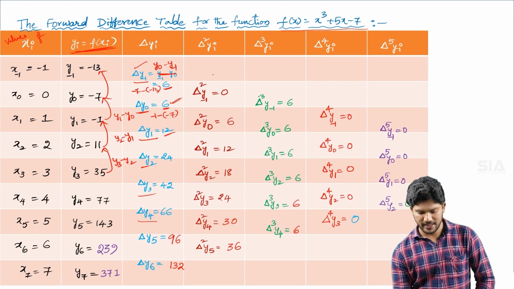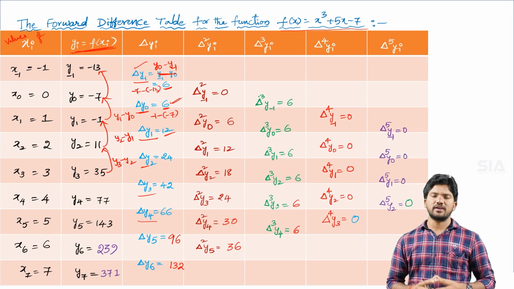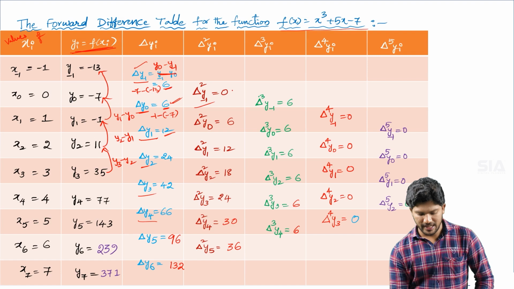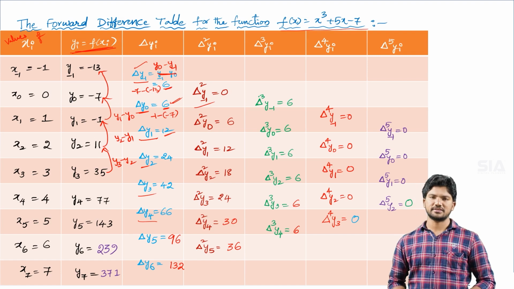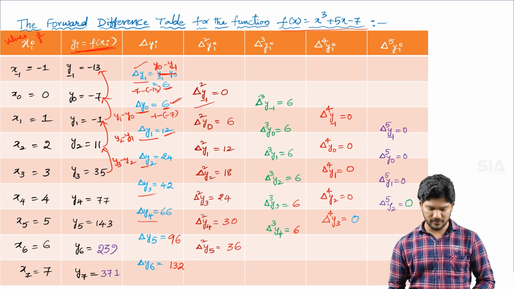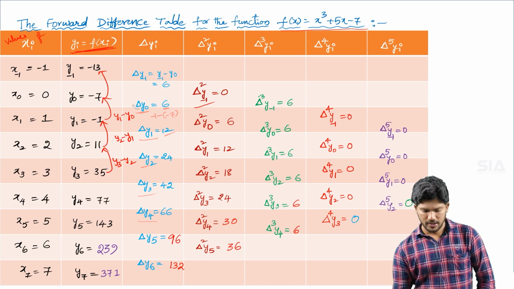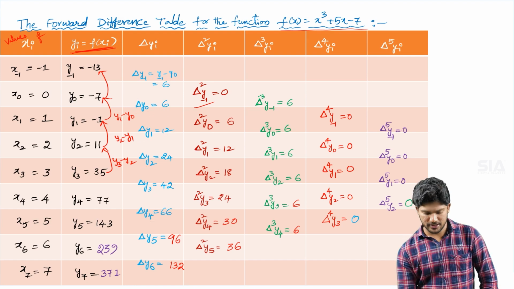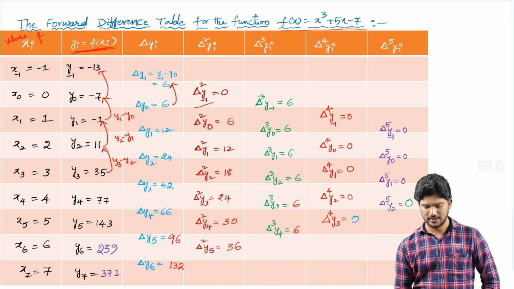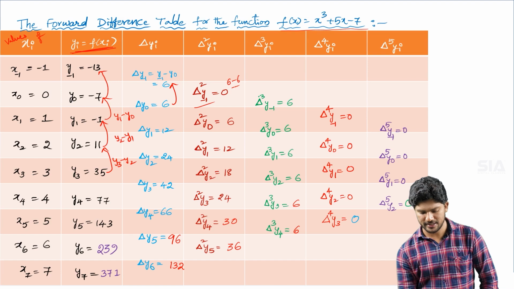Now you can see the second forward difference operator, delta square y suffix -1. Here you can see 6 minus 6, so delta square y suffix -1 is equal to 6 minus 6, which is 0.